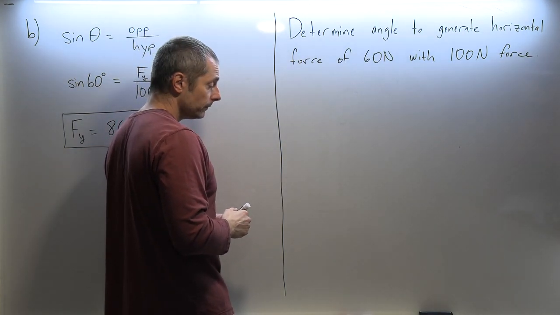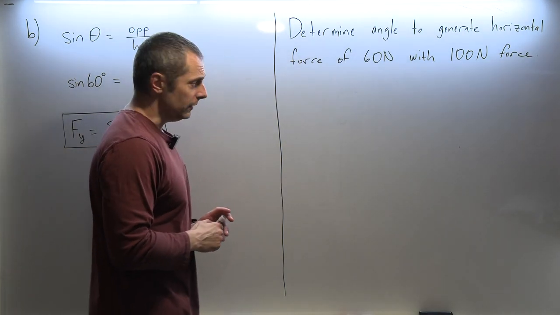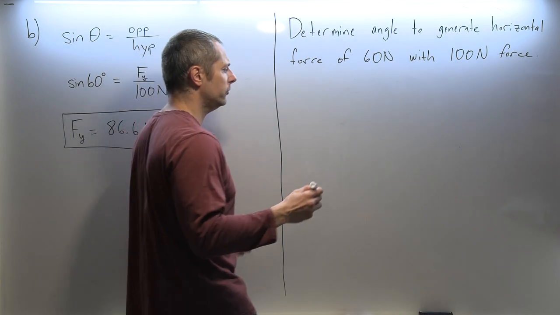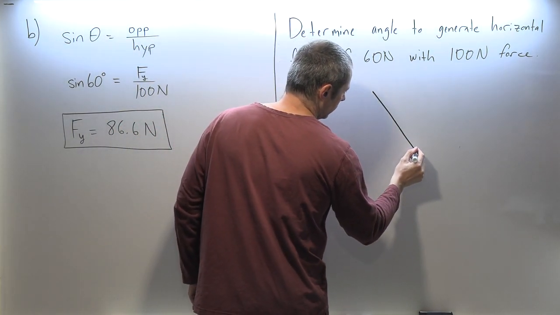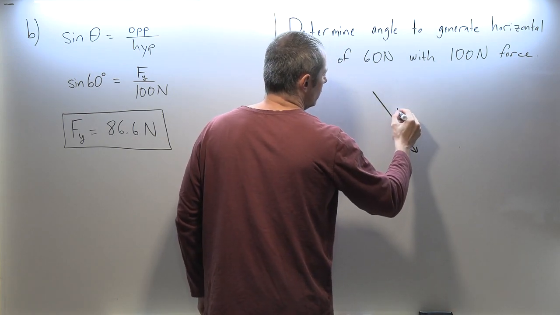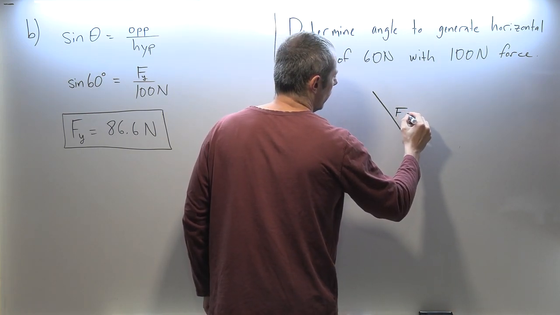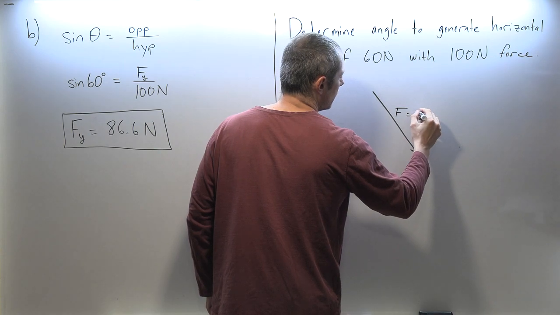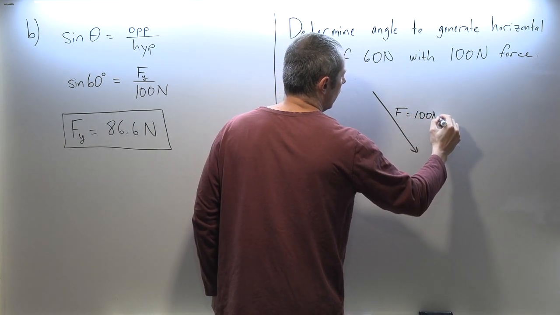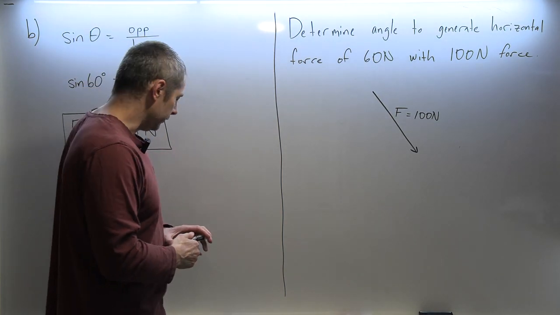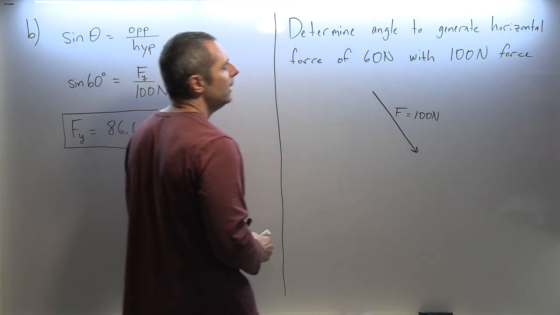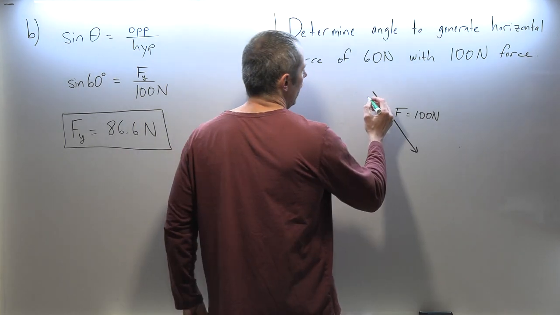Okay, so what I would do in this case is once again sketch a force into the floor like this. Exactly what angle, we don't know. How long? Well, just make something big enough so your diagram isn't too cluttered. And we're going to turn this into a right triangle again.